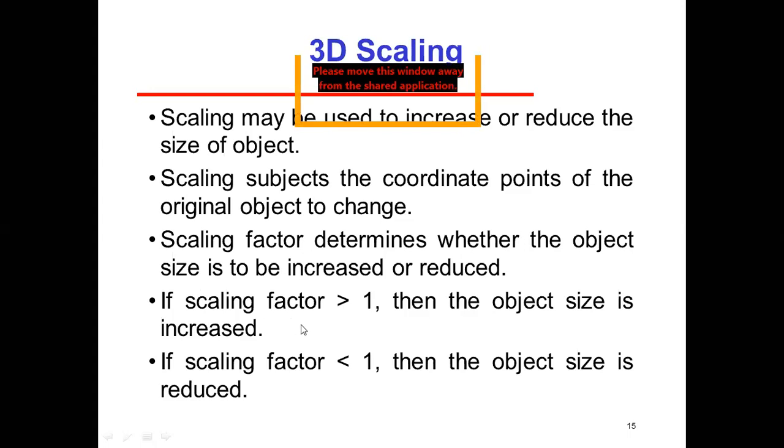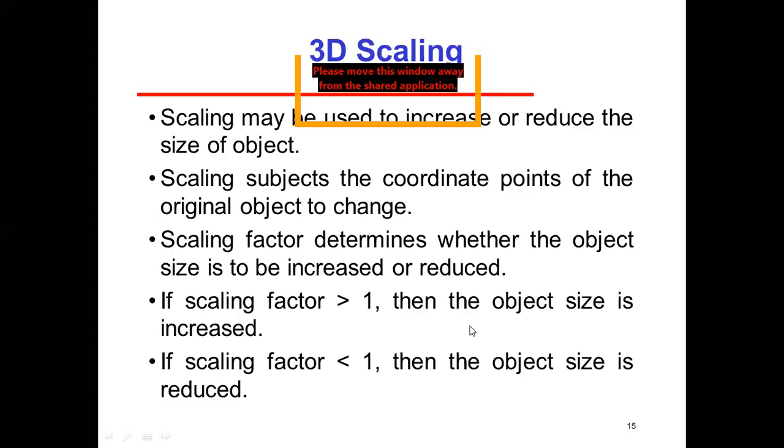Just you can see here, if the scaling factor is greater than 1, then the size of the object is increased. This is obvious. If the scaling factor is greater than 1, it means we are increasing the size more than the actual, initial size, so we are enhancing the visibility.